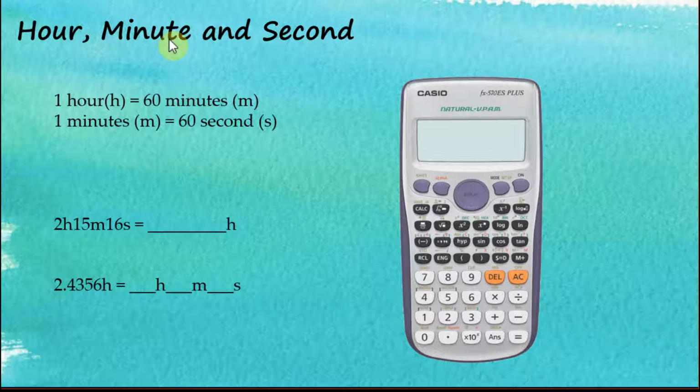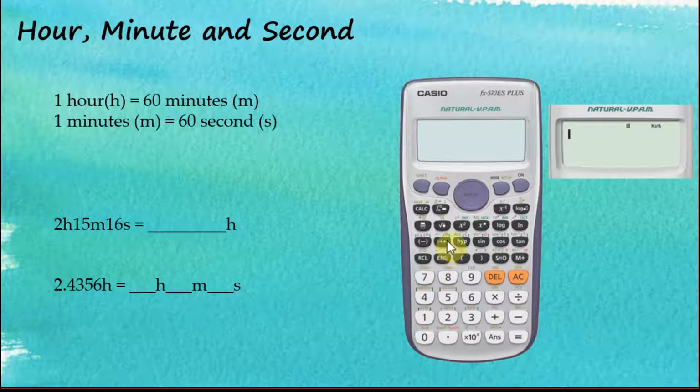Just now we already mentioned that the units of angle are similar to the units of time. So 1 hour equals 60 minutes, 1 minute equals 60 seconds, compared to 1 degree equals 60 minutes, and 1 minute equals 60 seconds. So let's say we would like to know 2 hours, 15 minutes, 16 seconds is equal to how many hours in decimal place, okay?